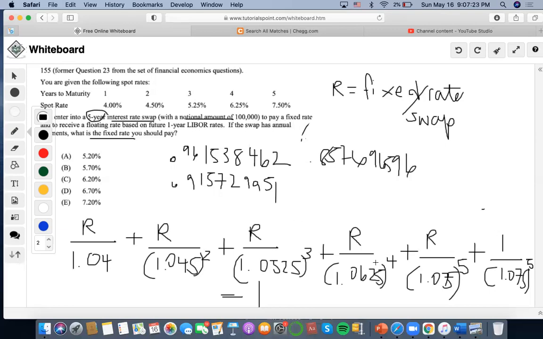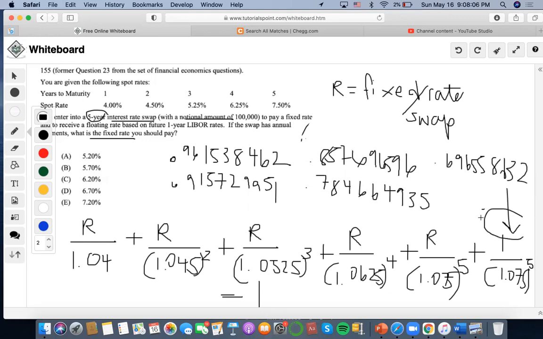Now this one, I'm going to get 0.78. One divided by 1.075 to the 5 and get 0.69658632, and it's going to repeat again for this.